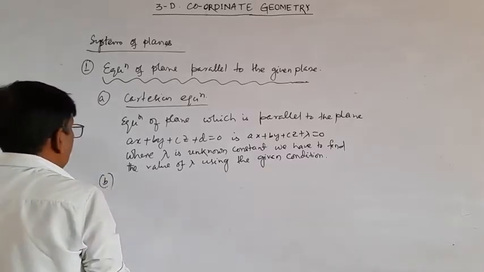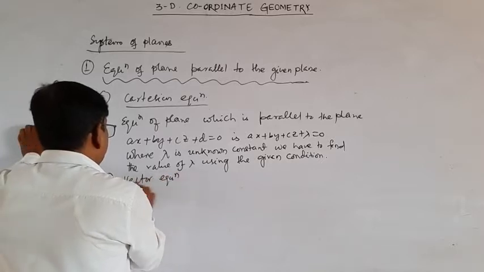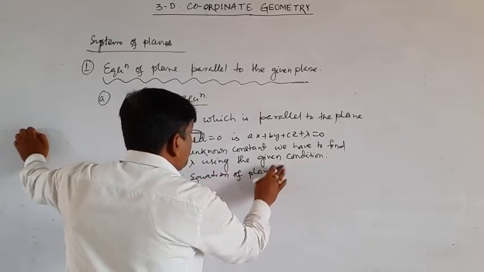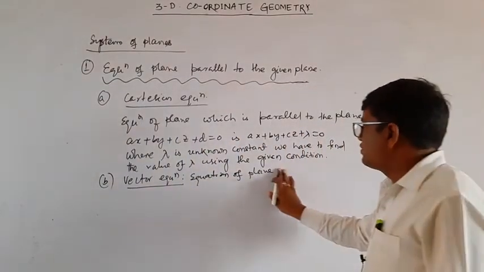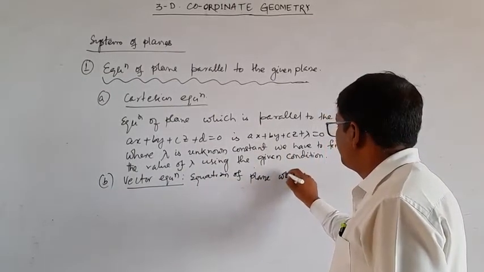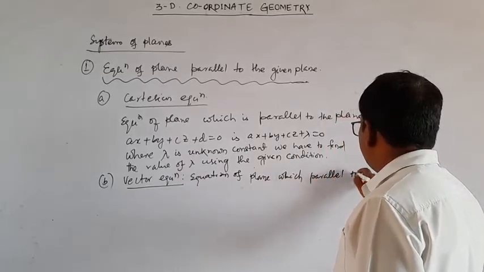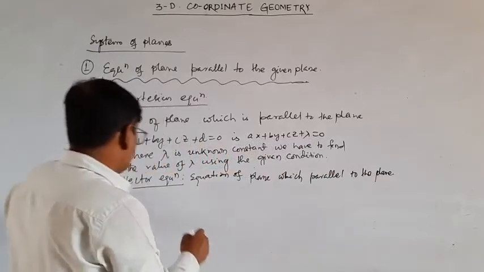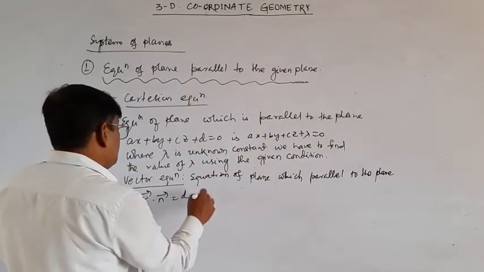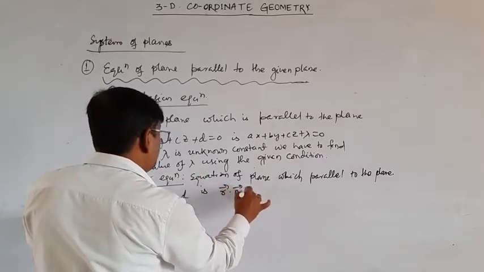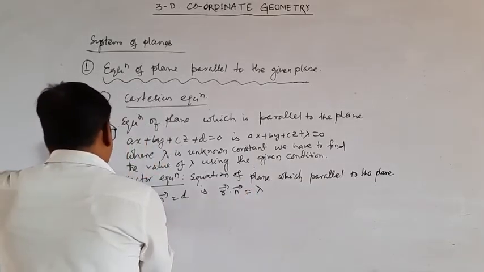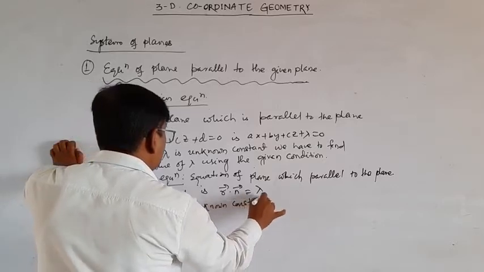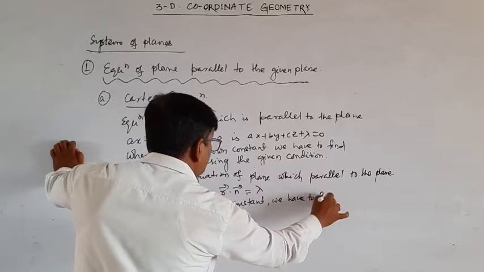B, vector equation. The equation of a plane which is parallel to the plane r dot n = d is r dot n = lambda, where lambda is an unknown constant, which we have to find using the given condition.